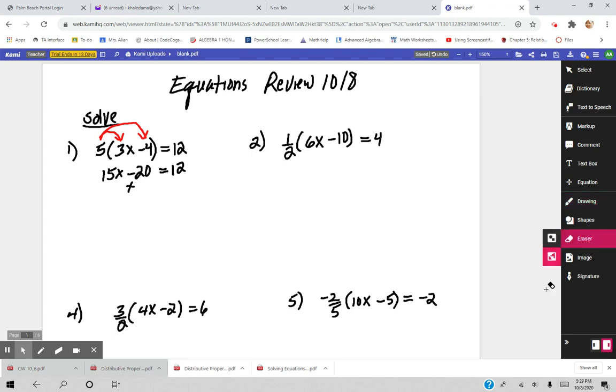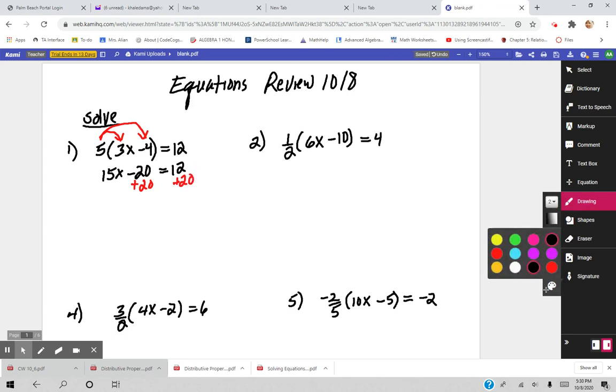Let me use a different color. Let's add 20 to both sides. And now we'll have 15x, okay, this is gone, equals 32.